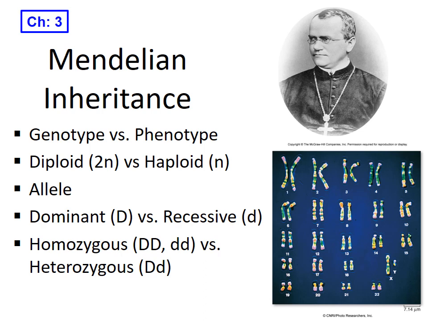Now, I've mentioned some of these terms before, so I just want to quickly make sure we're all on the same page. Your genotype is your collection of DNA, so these are your 46 chromosomes, and your phenotype will be your physical attributes or your behavioral attributes. So, for instance, if you were to give a description of yourself and you were to say, I am 5'8", I have green eyes, I have brown hair, I have fair complexion, what you're telling people is your phenotype.